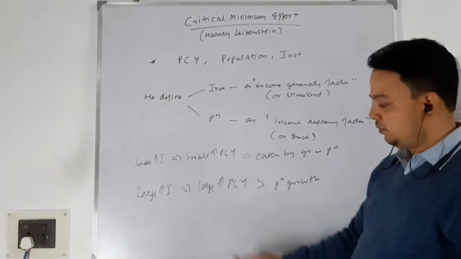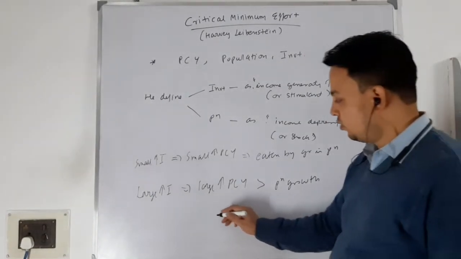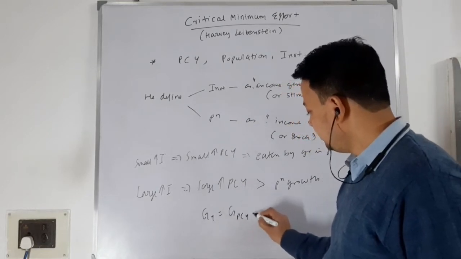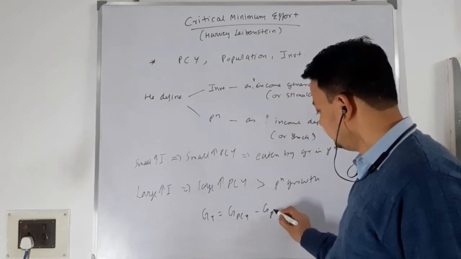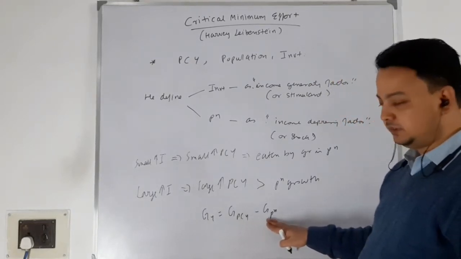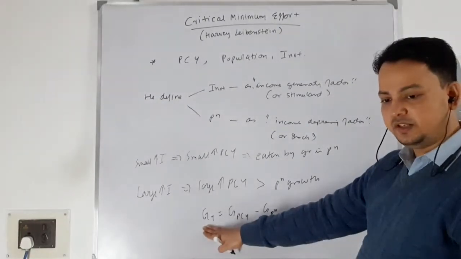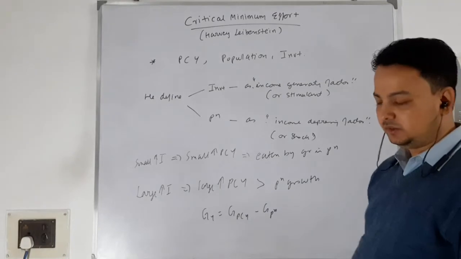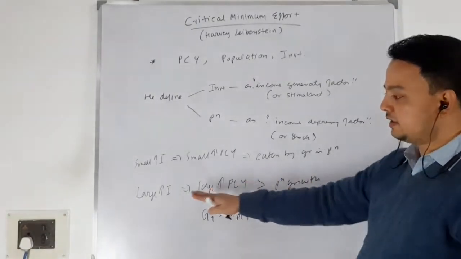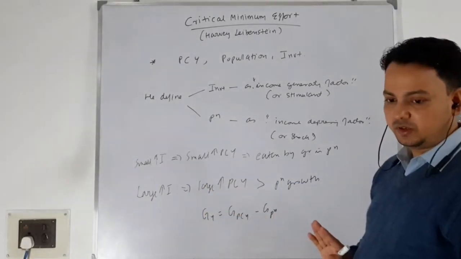If you remember yesterday, taking the log, we got growth in output equal to growth in per capita income minus growth in population. So if growth in per capita income is large enough relative to growth in population, we have a sustained increase in output over time. This is what he is talking about: if the development strategy is above a certain critical minimum level of investment, then development will take place in the economy.